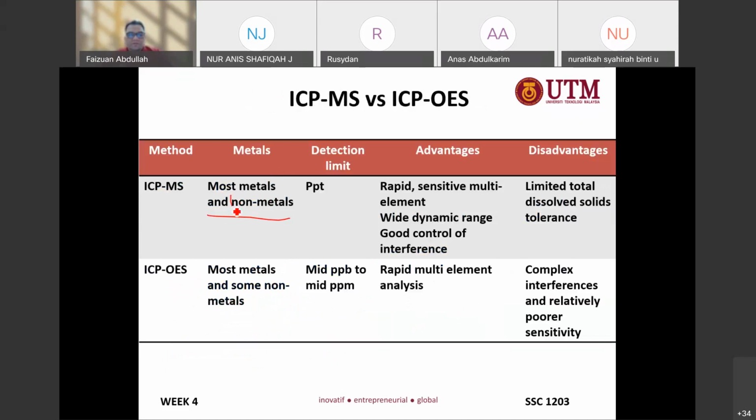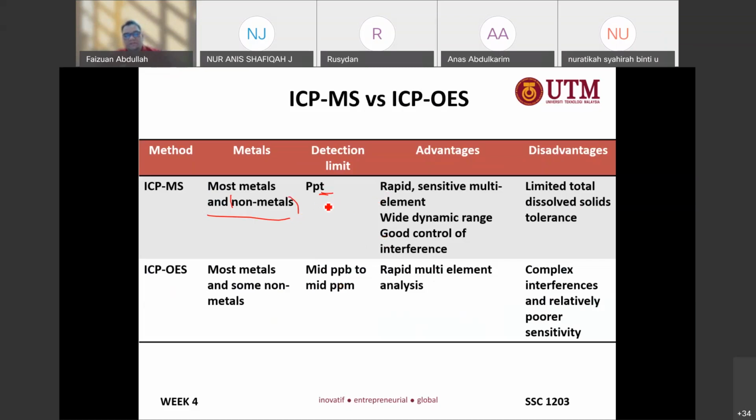Non-metals meaning that we have antimony, arsenic, that are not metals. It's parts per trillion, meaning that the detection limit is very low.